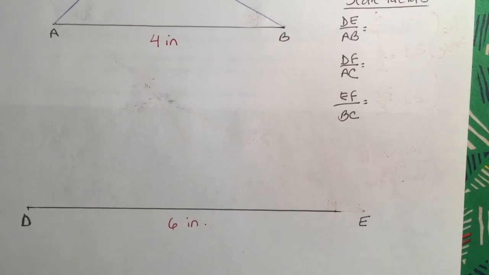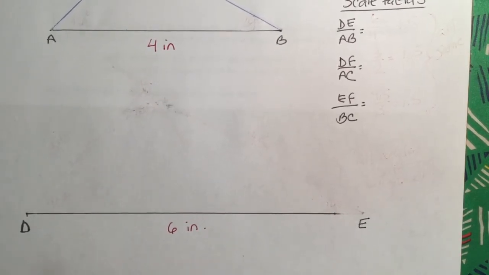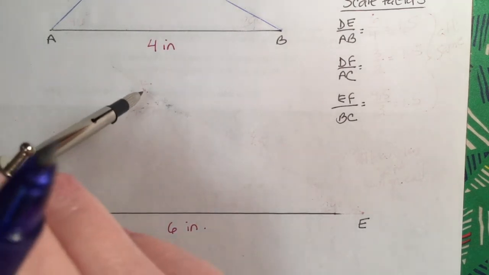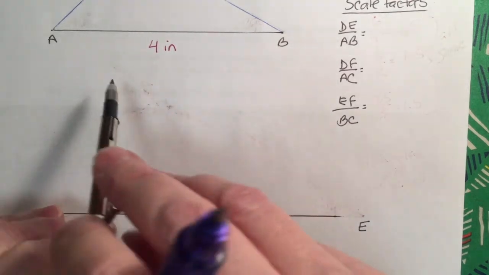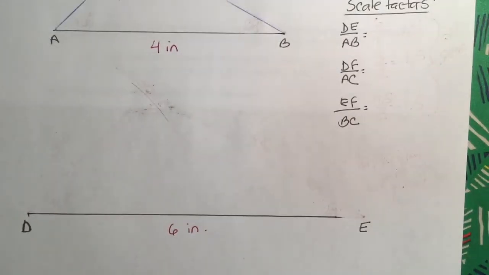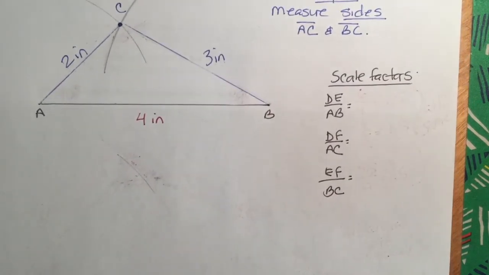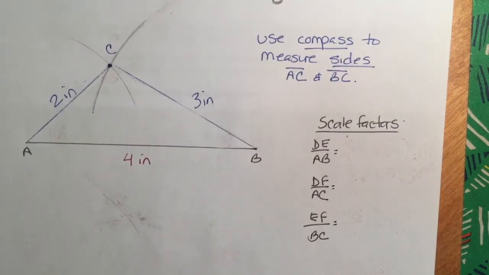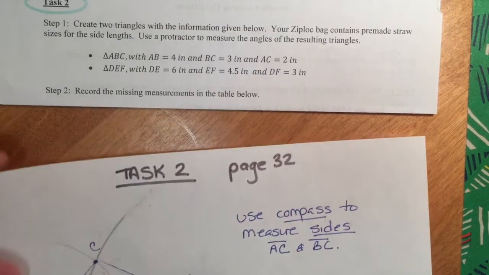We can do the same thing. Here's my 3-inch. Okay, because they told us that this one should be 3 inches. And from the other side, how long is the other one supposed to be? What did it say? 4.5 inches.